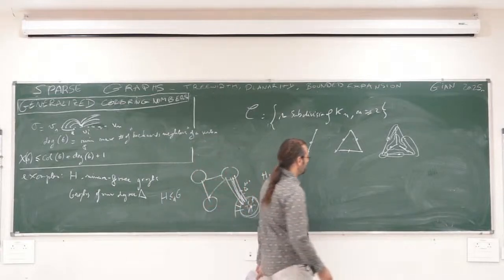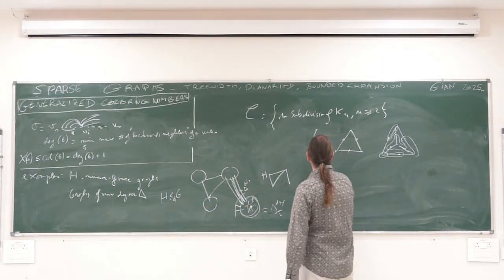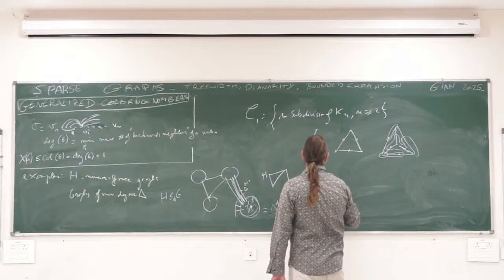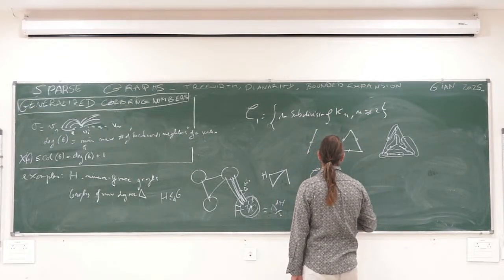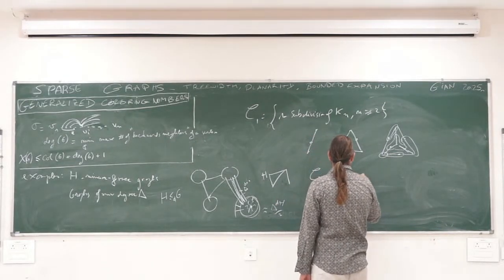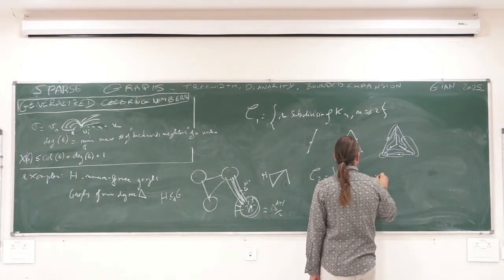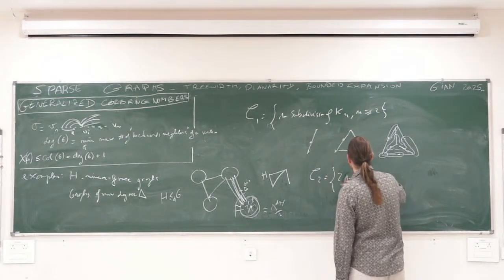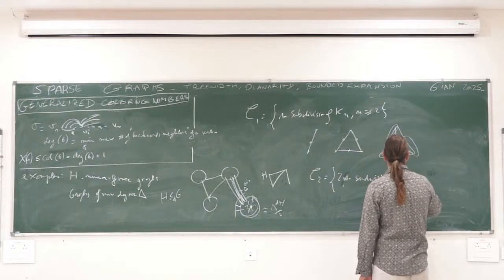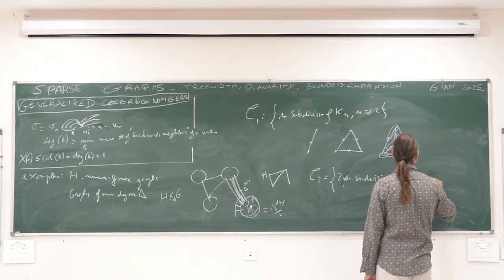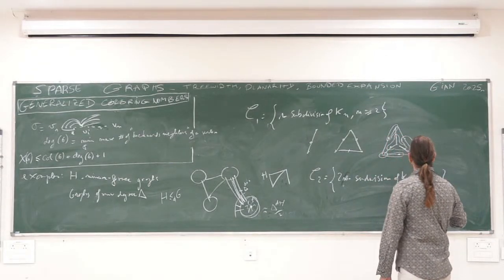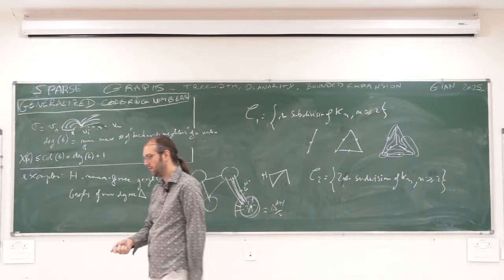But this is not true, and if I am not mistaken, if you take this second class, which is basically something like the 2n subdivision of Kn. So now I'm not fixing the number of subdivisions.